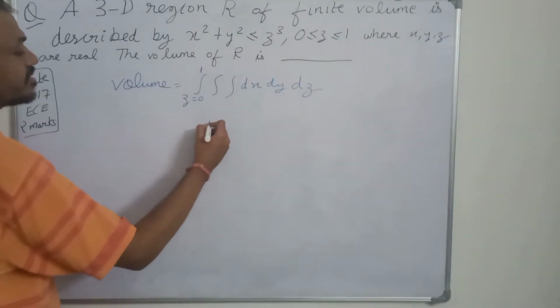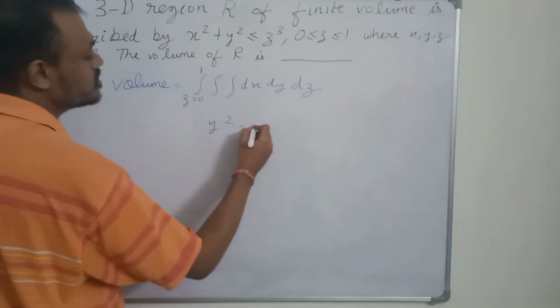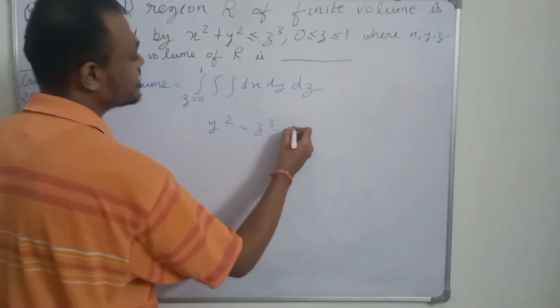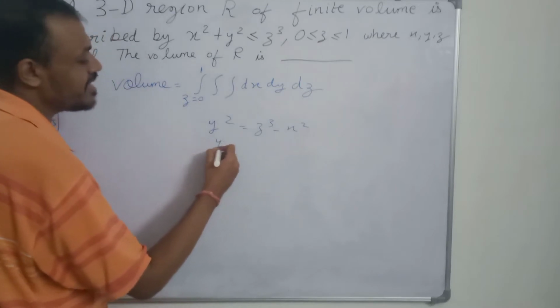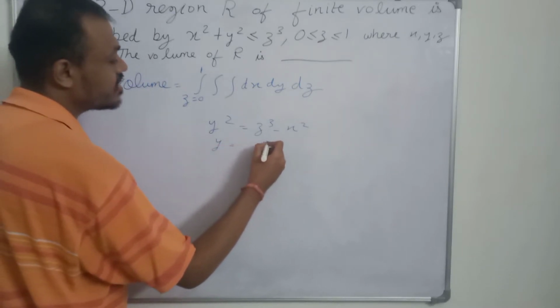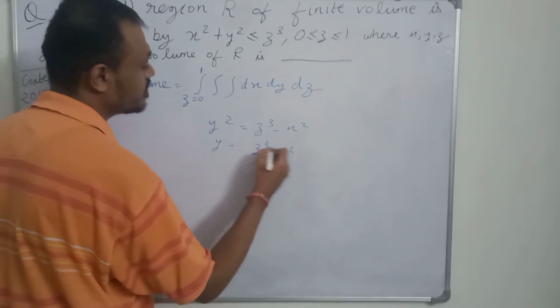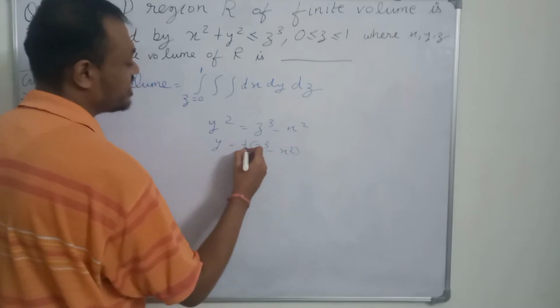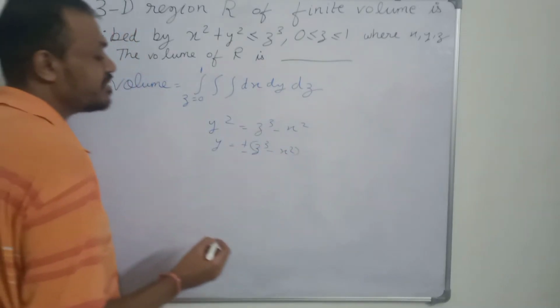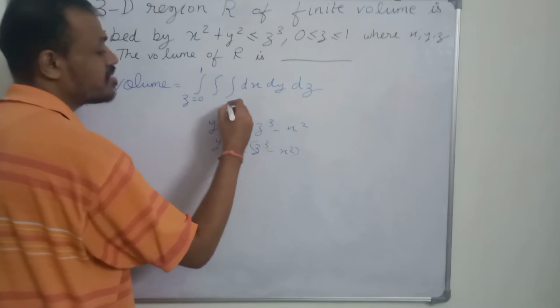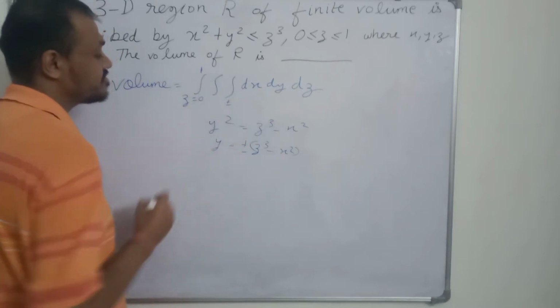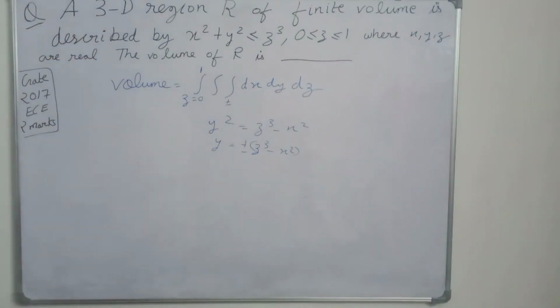Then y square is equal to z cube minus x square. So y will be equal to under root of z cube minus x square, with both positive and negative signs. So the limit for y will be from plus to minus.